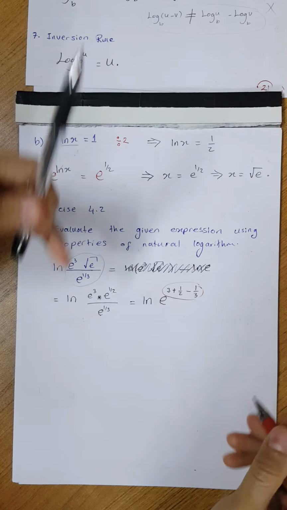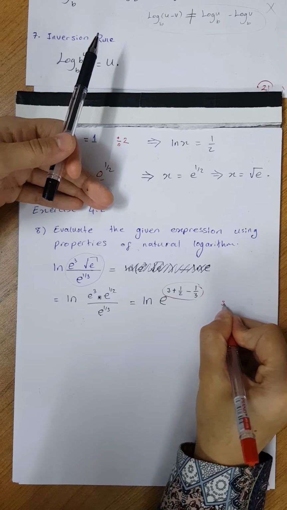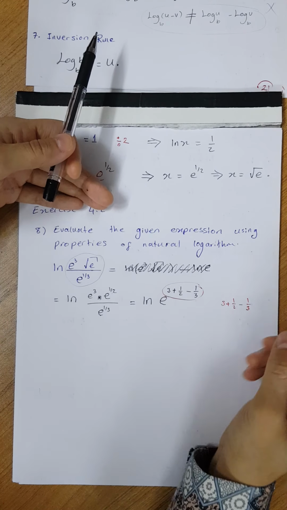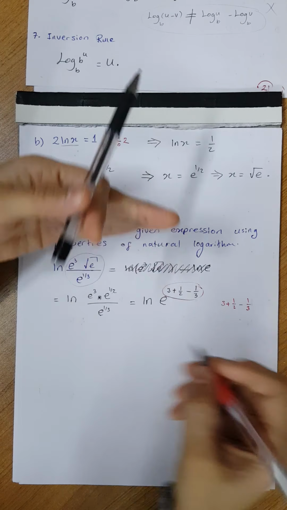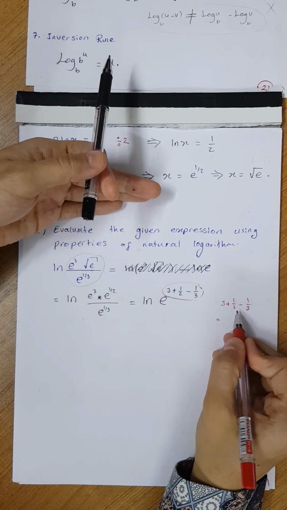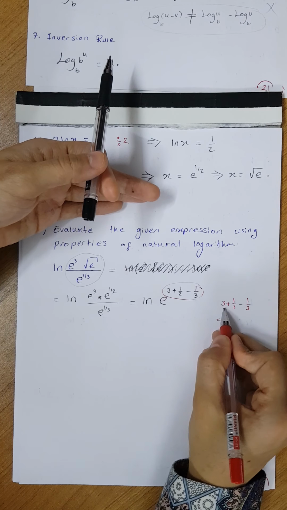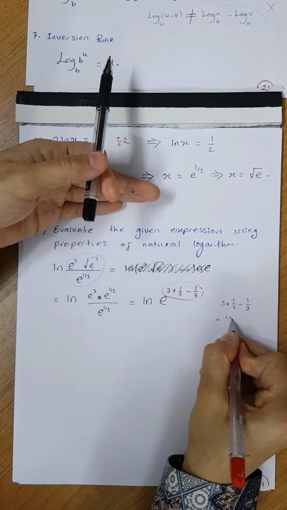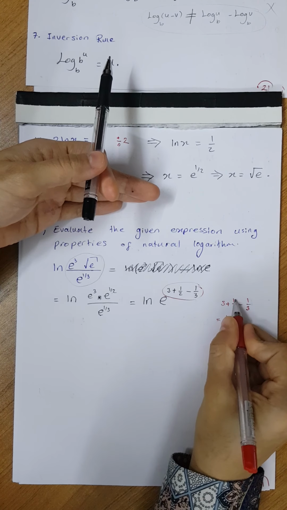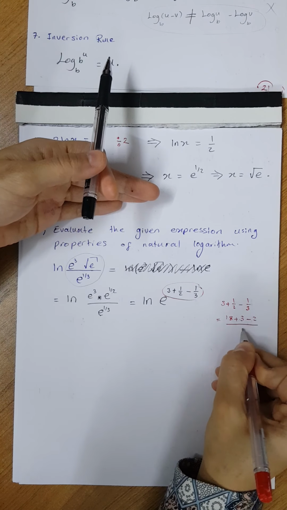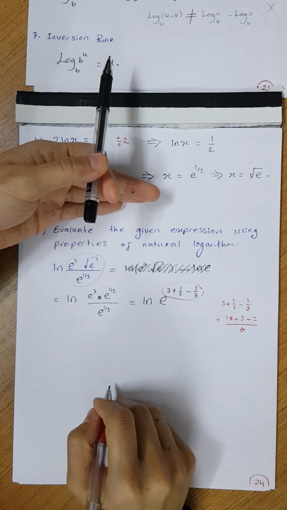How can I evaluate this one? That will be 3 plus 1 over 2 minus 1 over 3. I have to equalize the denominators, so I equalize all by 6. That will be 6 multiplied by 3 is equal to 18, plus 3 multiplied by this one is 3, minus 2, all over 6.